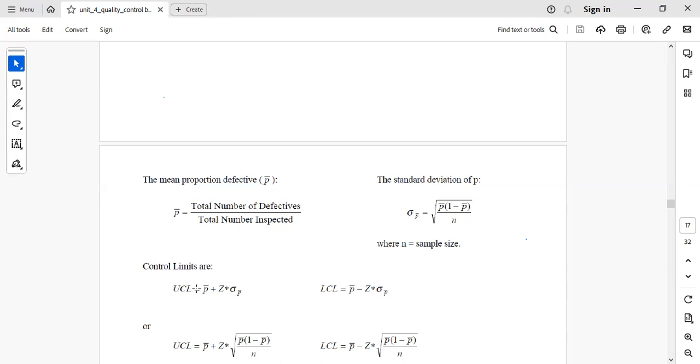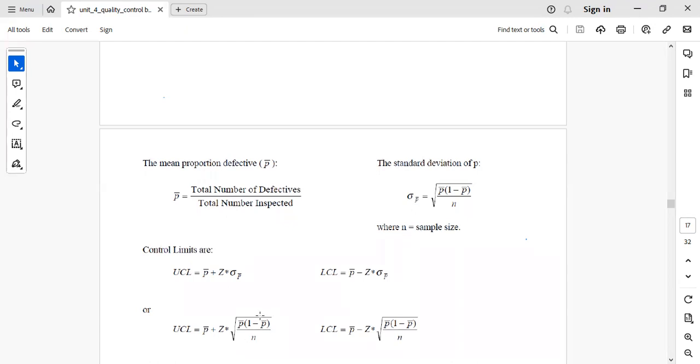And so for the upper control limit, we add the Z. Z is from the statistical tables. Then if it is the lower control limit, you subtract.